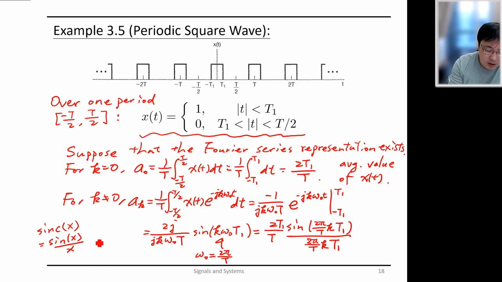So in general, a sinc function would look something like this. It will be equal to 1 for x equal to 0, but it will be equal to 0 at integer multiples of pi. Let's say pi, 2 pi, 3 pi, and so on.